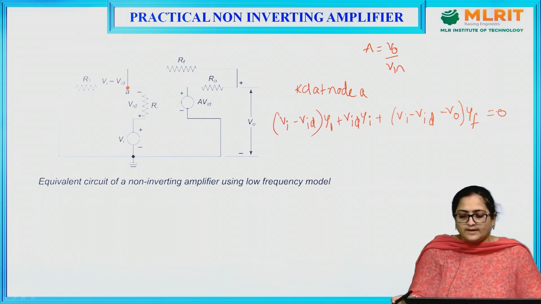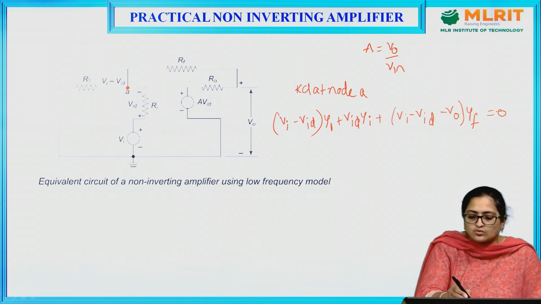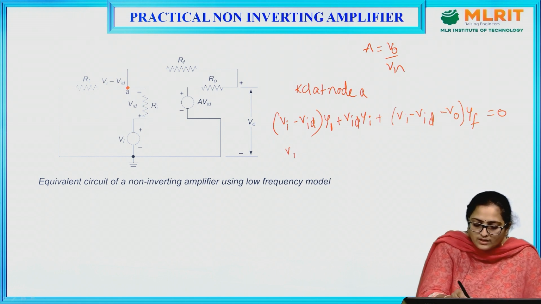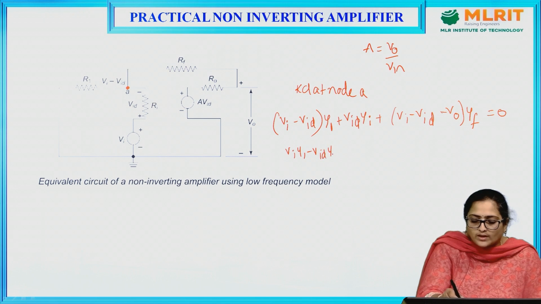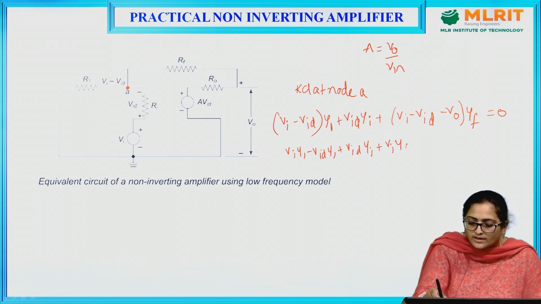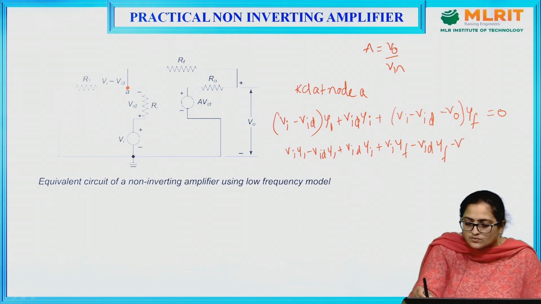If you can write these expressions in terms of voltage, you can write this as VI into Y1 minus VID into Y1 plus VID into YI plus VI into YF minus VID into YF minus V0 into YF is equal to 0.